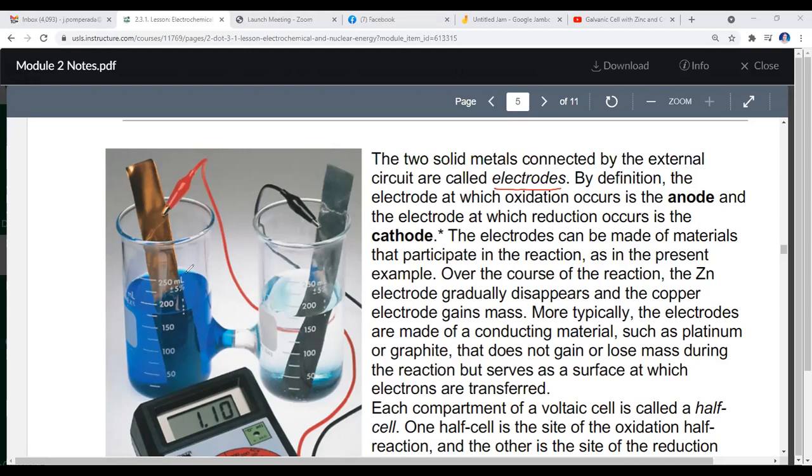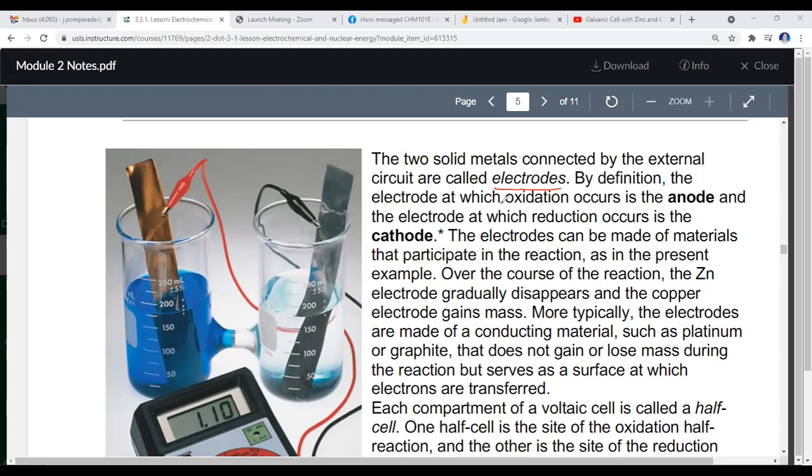Now in here, you have two beakers already, and in these two beakers, you have two solid metals. Now they will form the electrodes in our cell. We call this the galvanic cell. By definition, the electrode in which oxidation occurs is the anode.